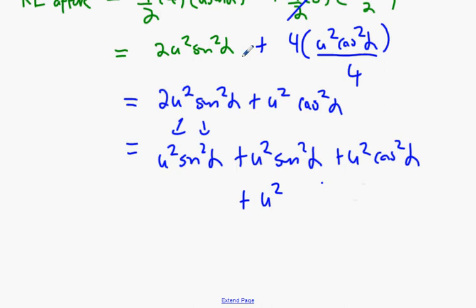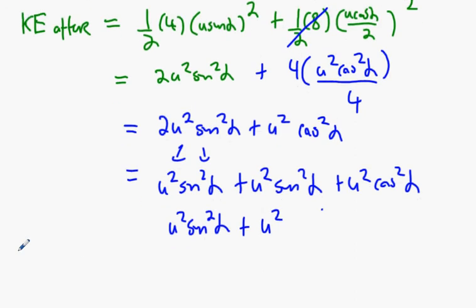So I just reduced it down a little bit more. So what I would have got is u squared sine squared alpha plus u squared. Okay. Did it a different way last time, but it's all the same. Now, that's KE after, yeah? So KE before minus KE after.